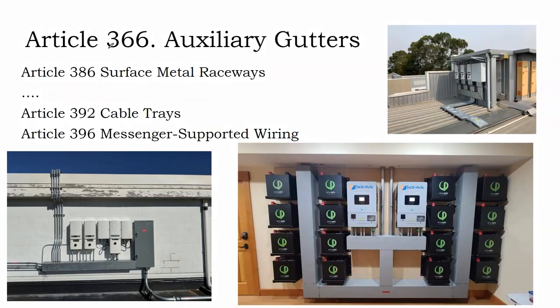So we're making our way through the wiring and cabling section of code, and we've defined conductors, we've defined cables, we've defined conduit that would surround conductors, and now we're getting to an even more rare kind of enclosure called gutters. I'd say rare.